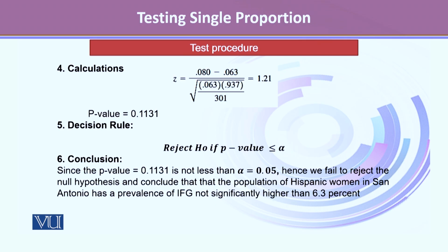Since the p-value calculated at step 4 equals 0.1131, which is not less than alpha 0.05, we fail to reject the null hypothesis and conclude that the population of Hispanic women in San Antonio has a prevalence of IFG not statistically significantly higher than 6.3%.